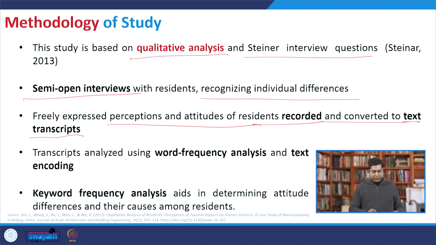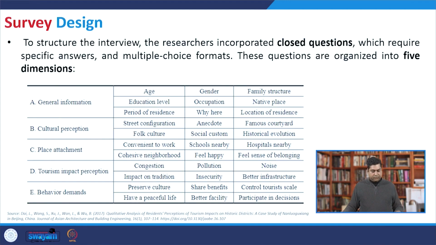The transcript was further analyzed with word frequency analysis and text encoding. Keyword frequency analysis helps determine the attitude differences and their causes among the residents. So, this is an interesting approach. We will get to know a little more in our subsequent slides.